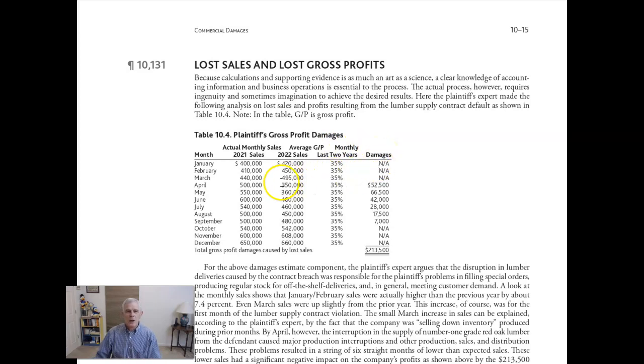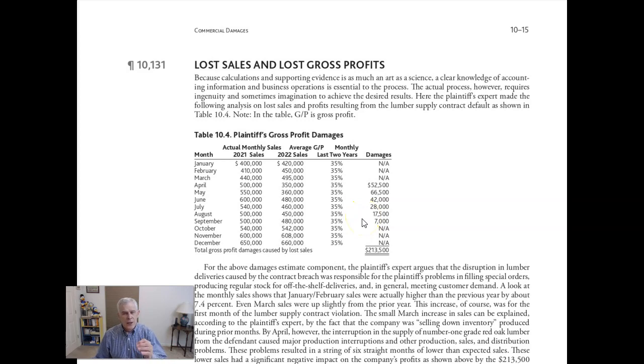All right. So what they did is, all right, January, February, March, the actual 2022 sales are higher than last year. So there were really no damages. Probably on into March, they had the delivery from February and they were using that wood to produce items and make sales.